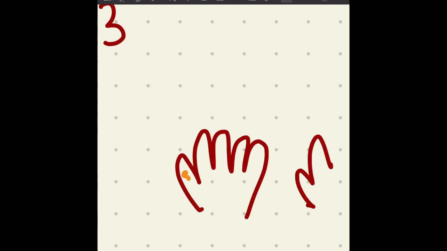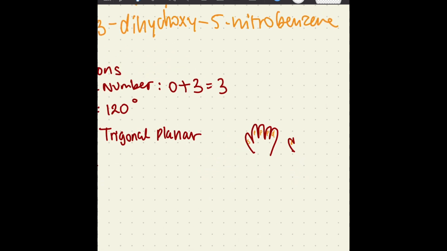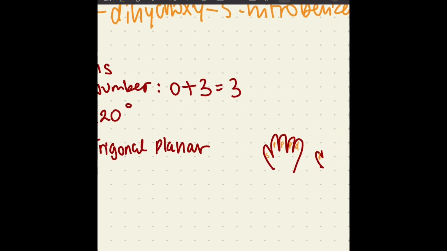Then it's gonna be the levels of shells: S, P, P, P, D, and D. I think I did an extra finger. Since the steric number is 3, you're gonna count to 3 on those fingers. So it's gonna be S, P, and P, giving a result of sp2.